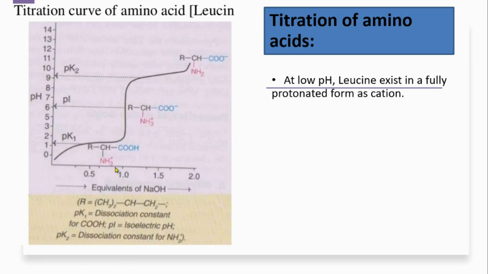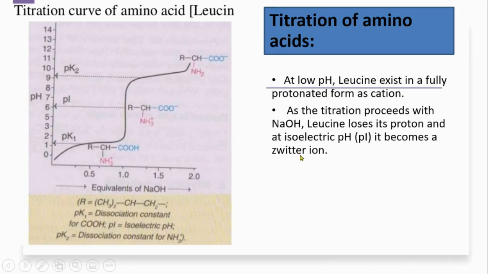If the titration proceeds further and NaOH is added, leucine loses its proton from here. Now it exists as a Zwitter ion. It is in the neutral form and that pH is called isoelectric pH.